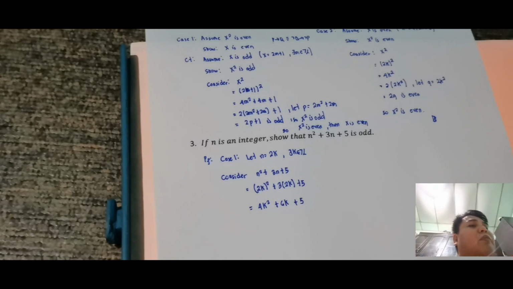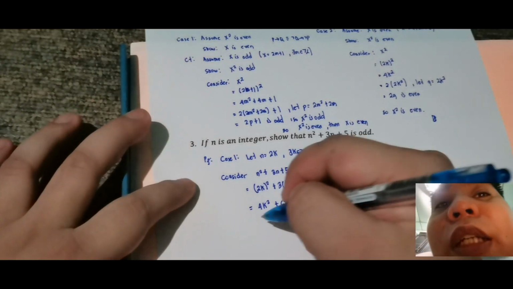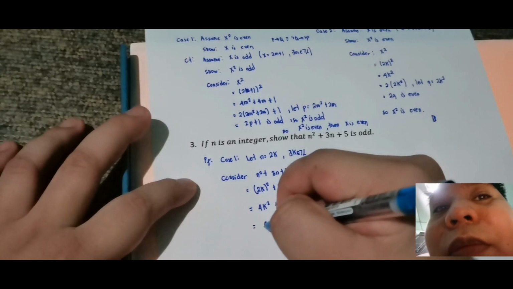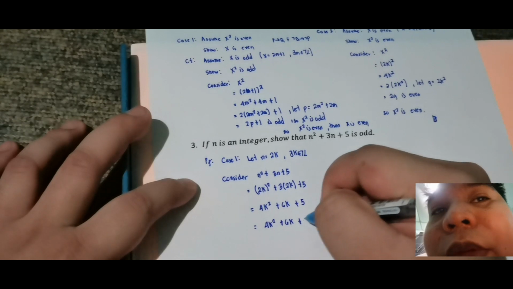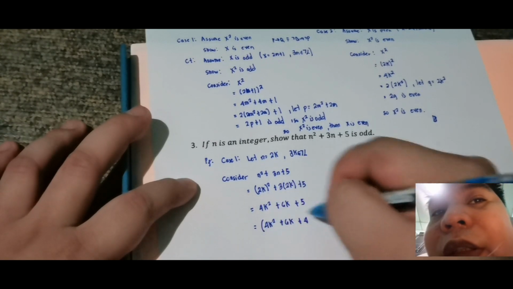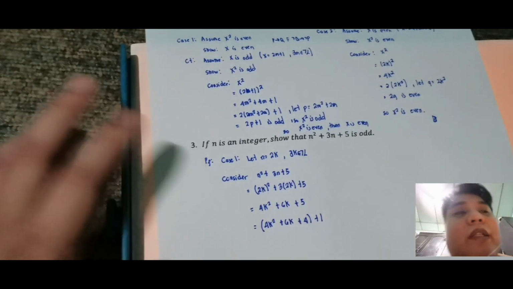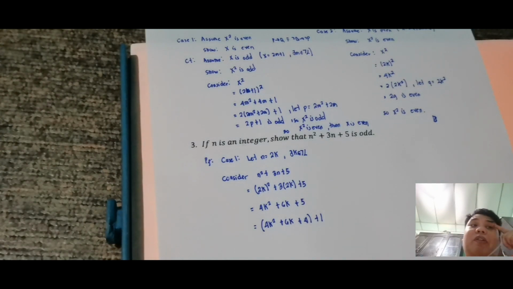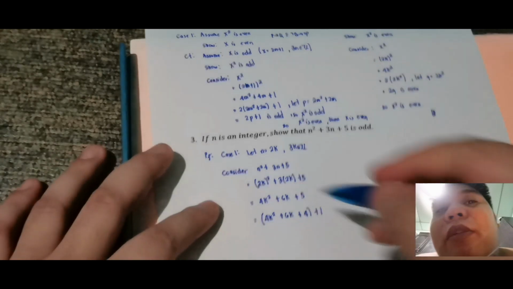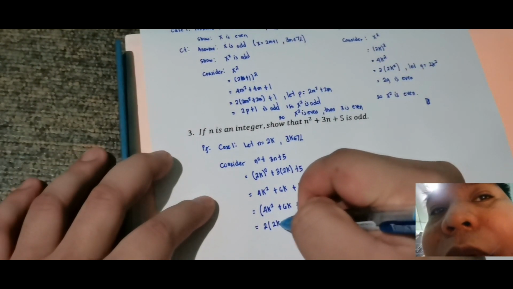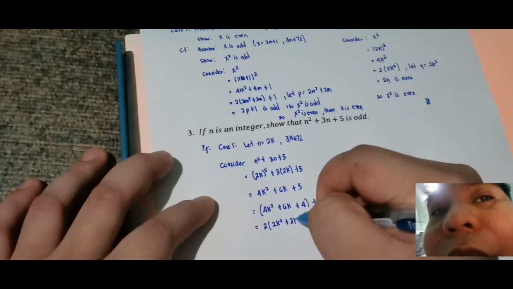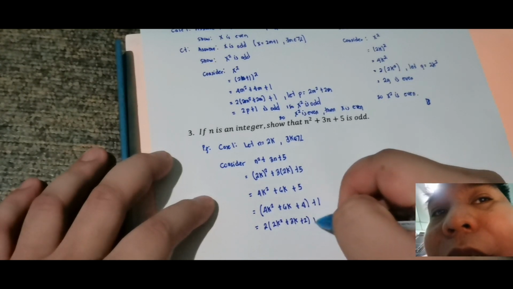Since the 5 is odd, I separate out the 1. So this is equal to 4k squared plus 6k plus 4, then plus 1. Then I factor out 2, because we need 2 times something plus 1. So factoring out, this is 2 times 2k squared plus 3k plus 2, plus 1.